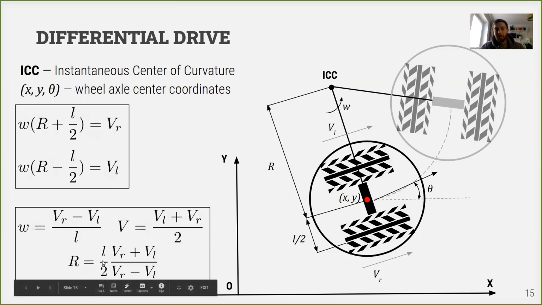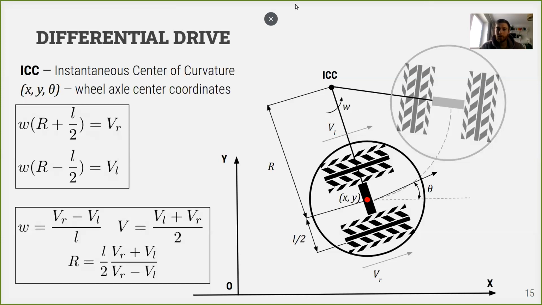It is also the instantaneous radius of rotation, because it will change over time when we apply new speeds to our wheels. But for the time moment, we can derive all three, just given our right and left wheel speeds. Is it clear? Do you have any questions maybe here?